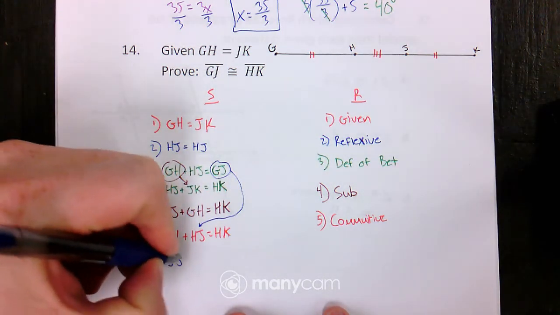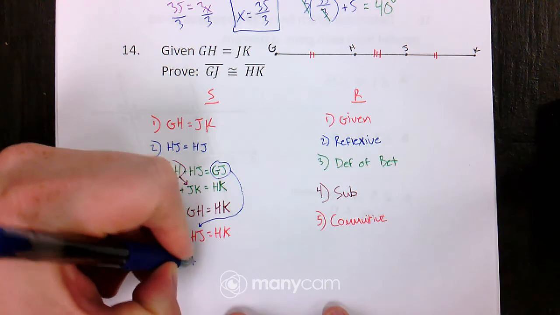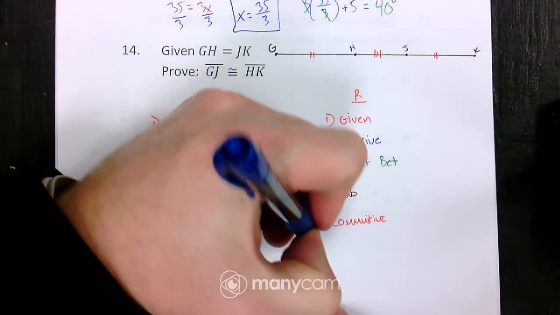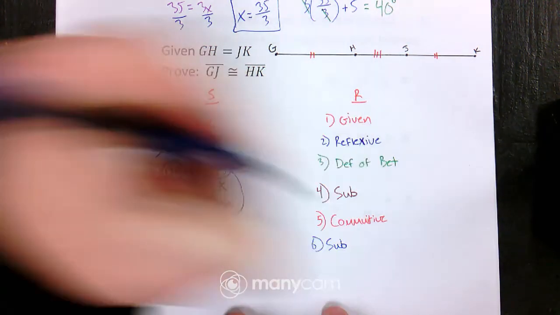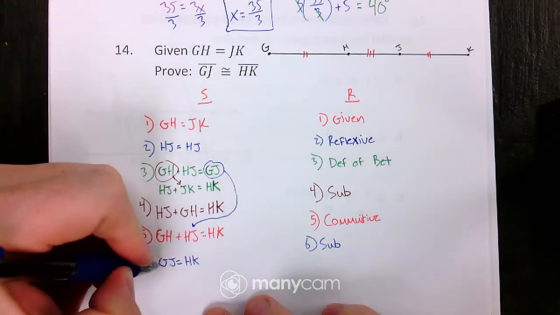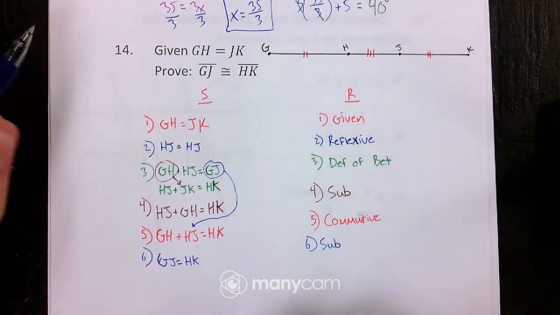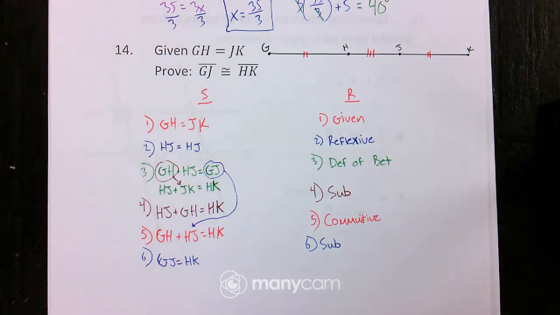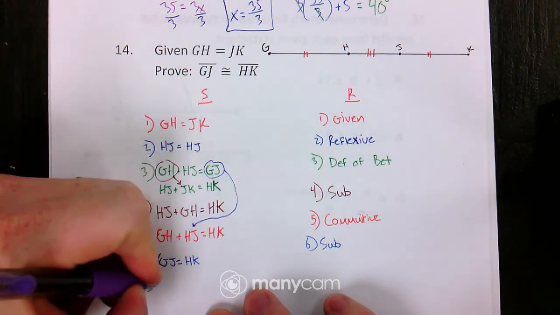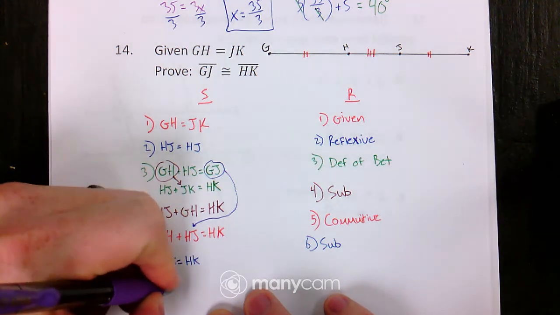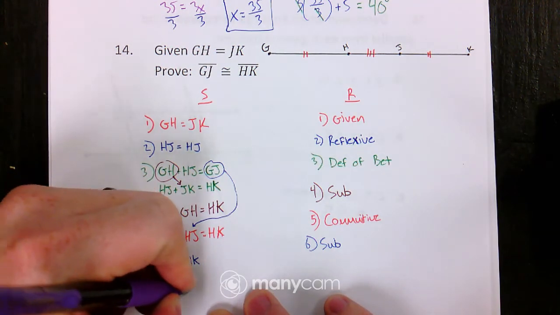So I'm going to say GJ equals HK. Substitution, our friend. Now the only thing that makes this look different than this is that this is in congruency. So I need to just write that as definition. So I write basically what they're asking me to prove.